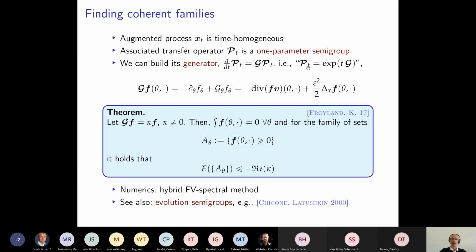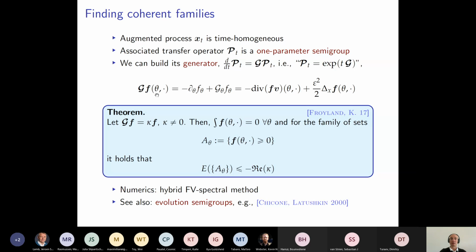Then P_t is the exponential of t times G. Of course, this is in quotation marks because this equation doesn't hold exactly for operators. G is an infinite operator, so this exponential cannot be built as it is, but has to be interpreted in the sense of semigroup theory, which formalizes this connection.